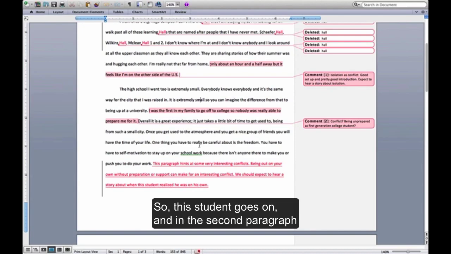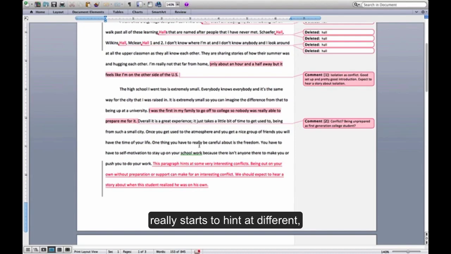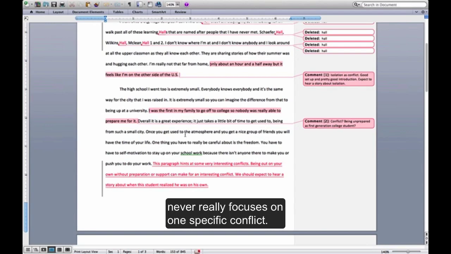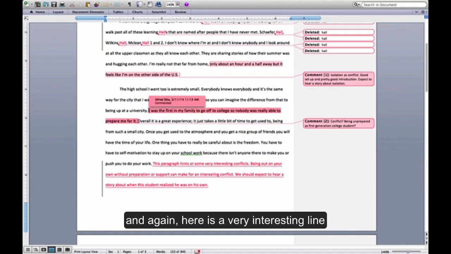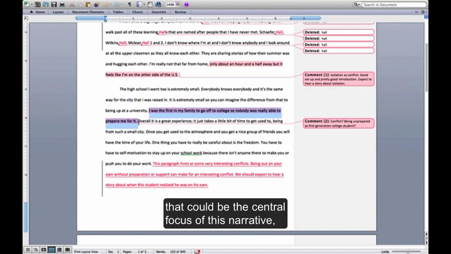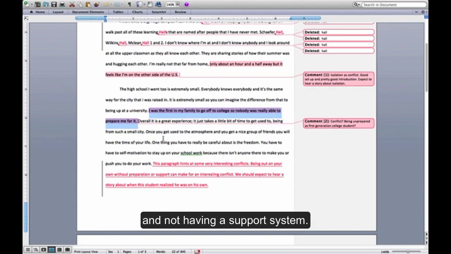So this student goes on and in the second paragraph really starts to hint at different conflicts, never really focuses on one specific conflict. I see a lot of potential conflicts in this second paragraph. And again, here is a very interesting line that could be the central focus of this narrative, being the first in your family to go to college and not having a support system.